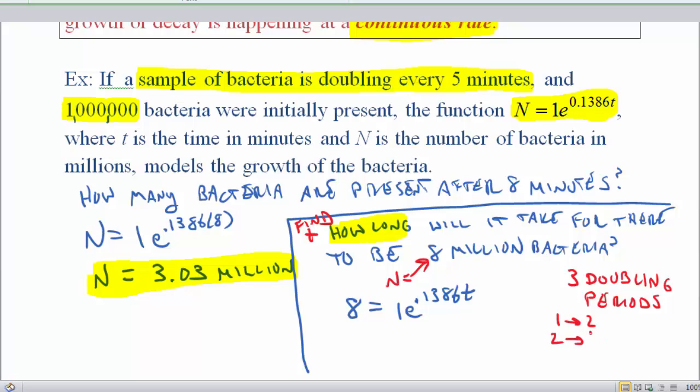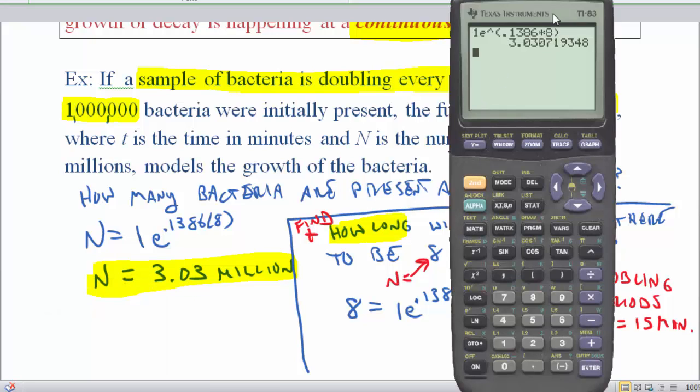Because it went from 1 to 2 million, then from 2 to 4, then from 4 to 8. So if it doubles every 5 minutes, it took 5 minutes to get from 1 to 2, another 5 minutes to get from 2 to 4, and then another 5 minutes to get from 4 to 8. So 3 doubling periods in this case would be equal to 15 minutes, right?